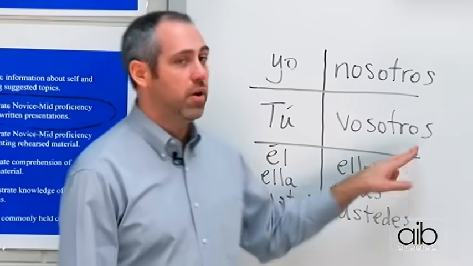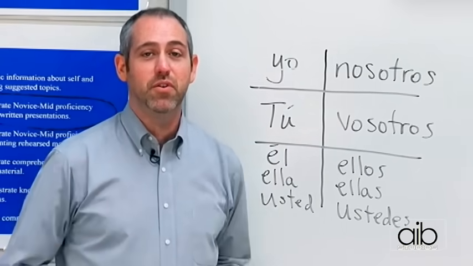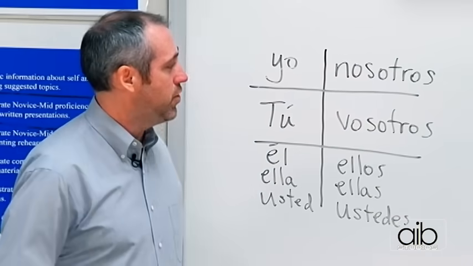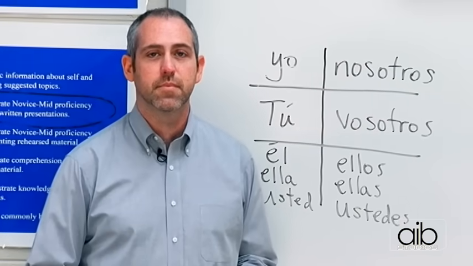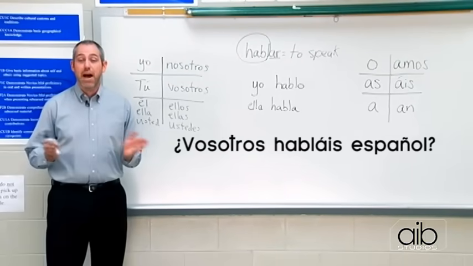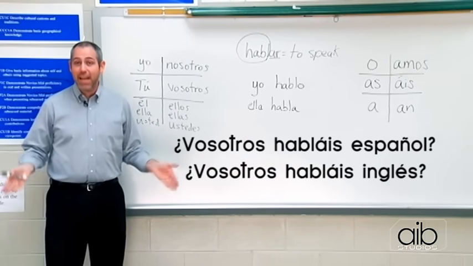Now, if I were in Europe and I'm traveling Spain and I want to say you plural, do you all speak English or Spanish? I'm going to use this form. How would I say that? Vosotros habláis español? Or vosotros habláis inglés?